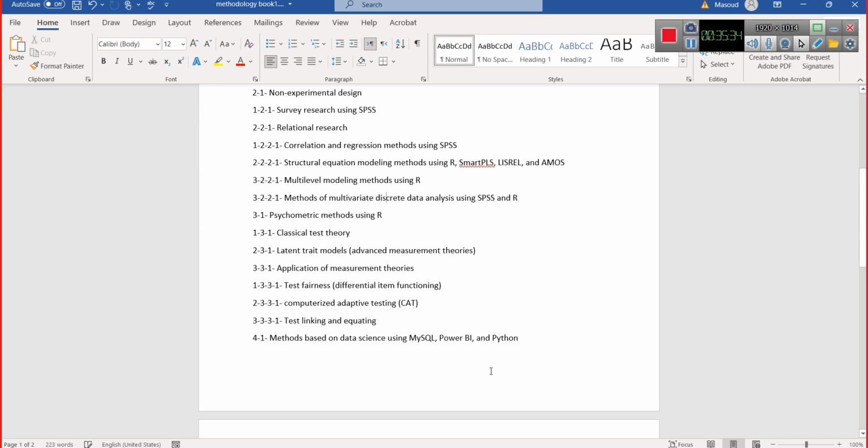We have also test linking and equating, which is about whether we can compare two scores from two groups of examinees, and whether there is a design to test examinees so that we can compare their scores over time. For example, in the Iranian national examination, the final examinations are used for selecting students for entering universities.